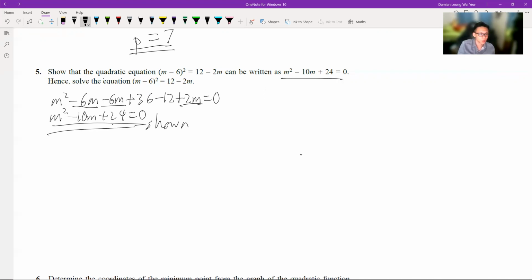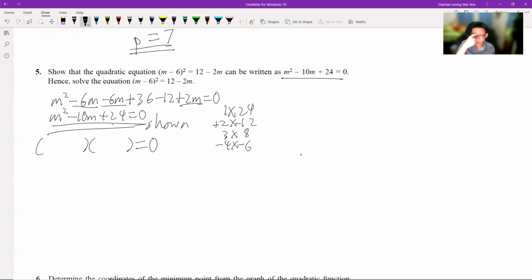Then solve it. To solve it, basically I factorize. If there's no number in front, the fastest way to factorize is listing out the factors of 24. 1 times 24, 2 times 12, 3 times 8, 4 times 6. To get minus 10, there are 2 ways: either minus 12 plus 2 or minus 4 minus 6.